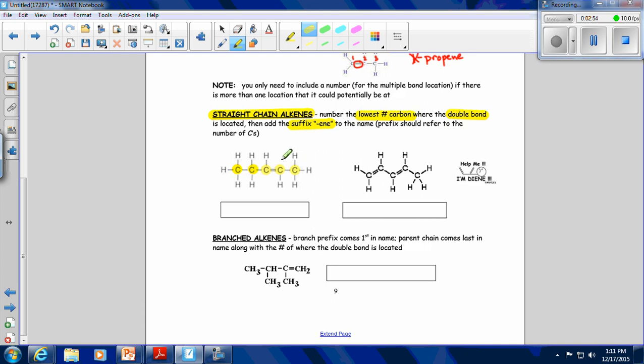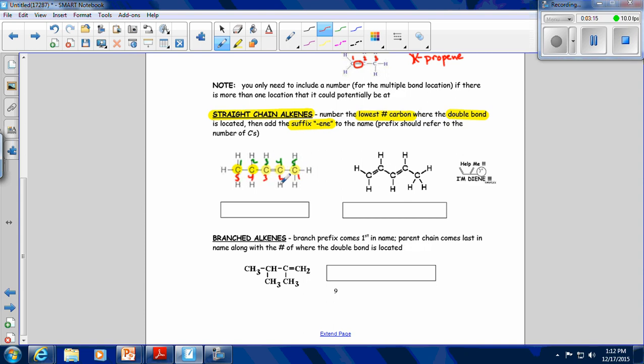If we're going to number, the location of the double bond is at the least numbered position. If we go this way, we get 1, 2, 3, 4, 5. If we go in the opposite direction, you get 1, 2, 3, 4, 5.